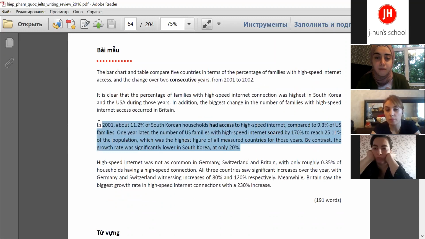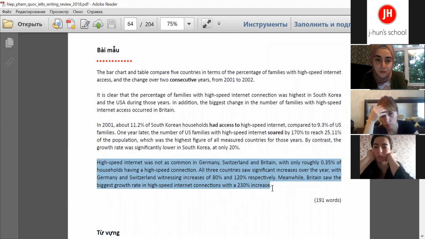Okay, so this paragraph is talking about South Korea and the United States because they are at the top of the list. Dominant countries. But the second paragraph is talking about the lowest countries. Okay, you see how this candidate has divided the paragraphs into two sections.